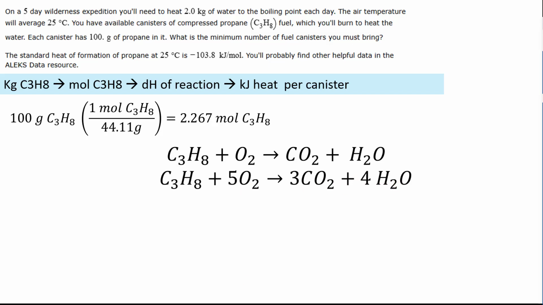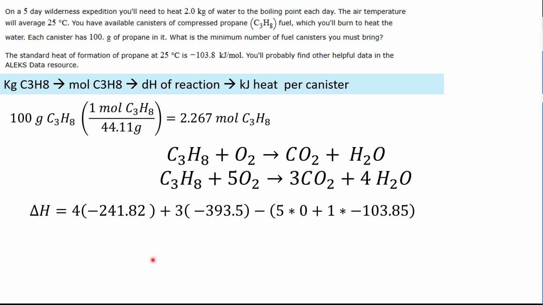From there, we can fill into ΔH, making sure to grab the gaseous water for here, our carbon dioxide. Our oxygen is going to be 0. We don't need to look that up. We know that that's 0 because it's a diatomic gas in its standard state. And then we can fill in for our C3H8. We type this all into our calculator to get our answer.